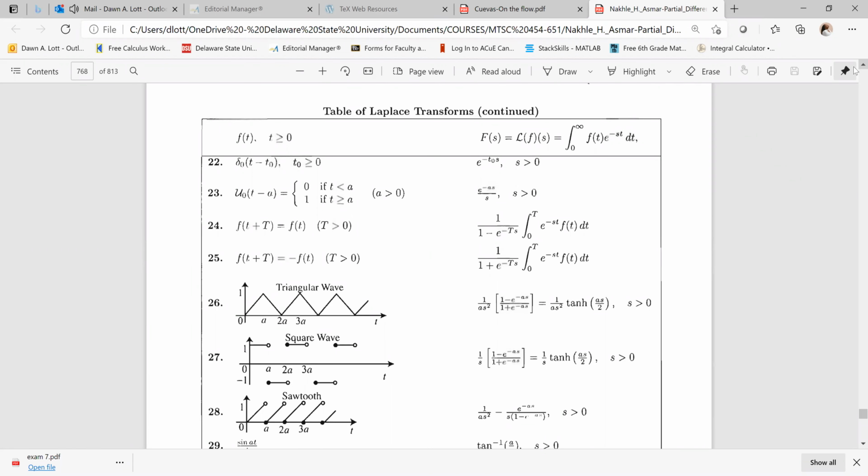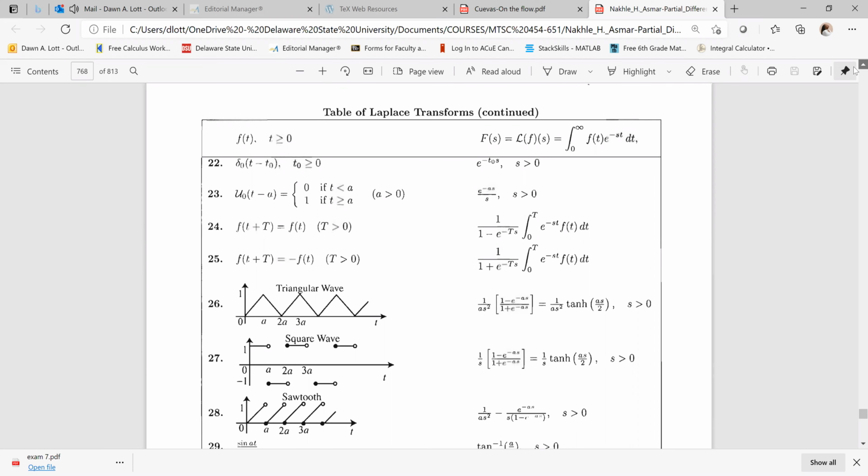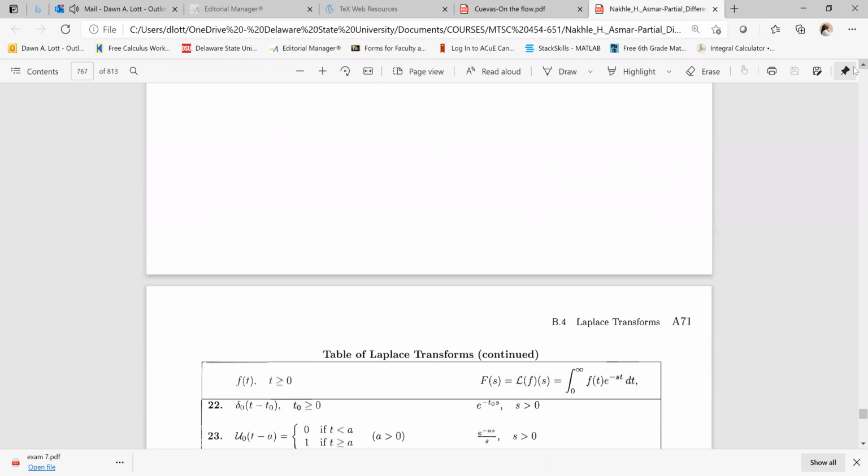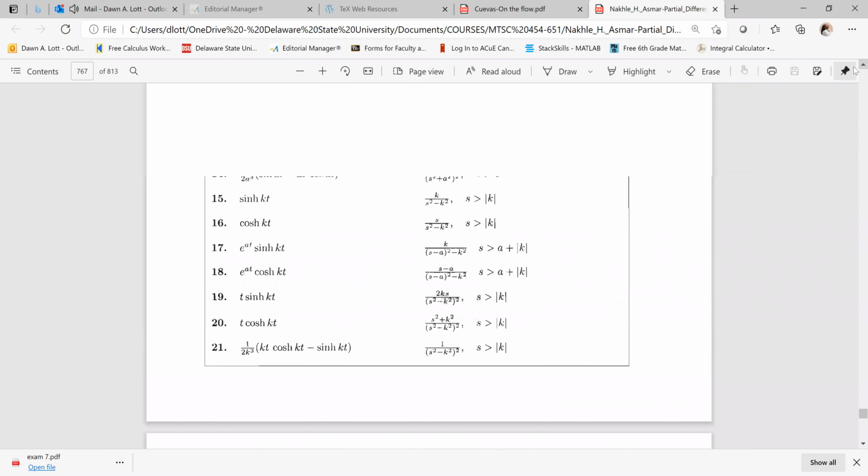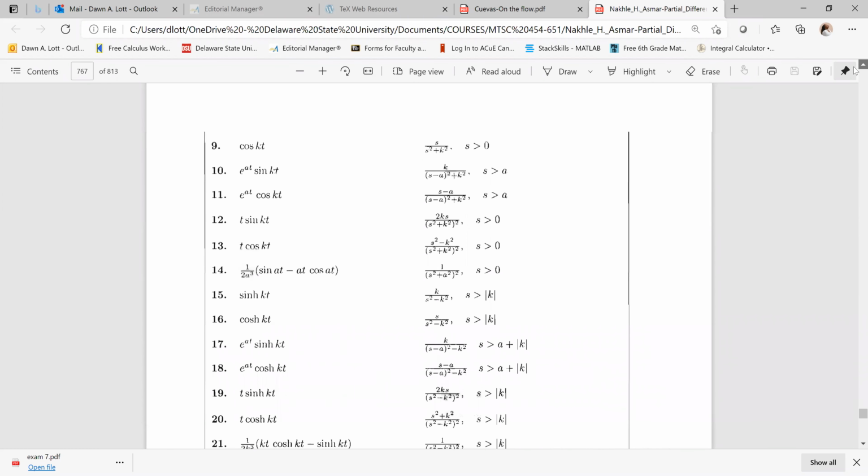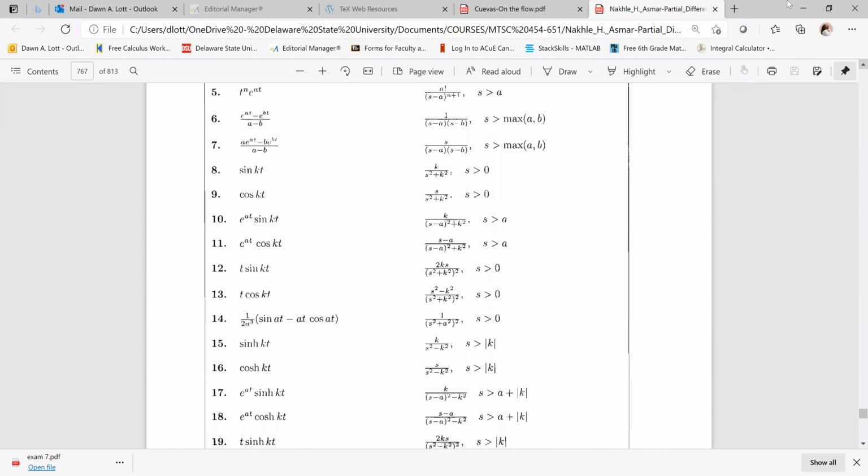Oh yeah, that's what it is, it's a delta function. For now, because I want to go on, I'm just going to leave it as it is, and we will go back to this.